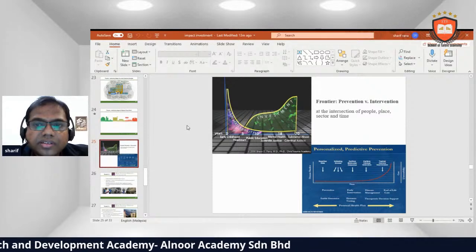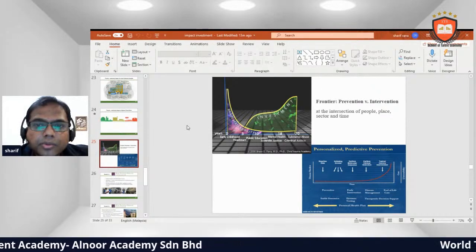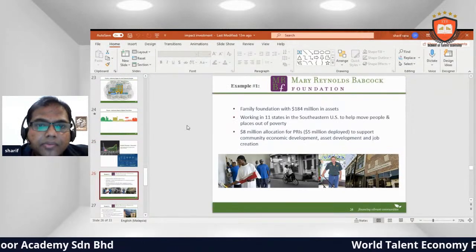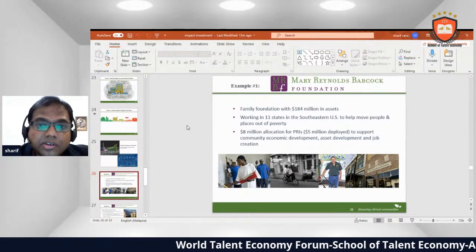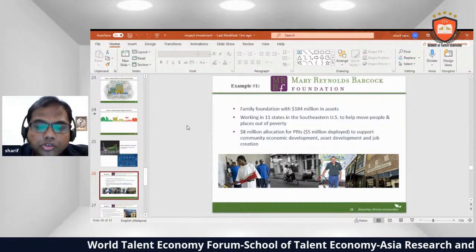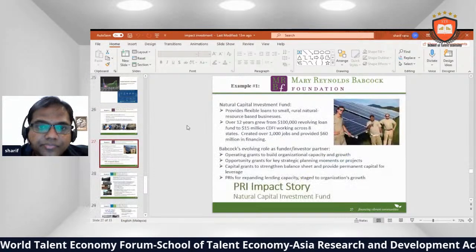Frontier prevention versus intervention. At this intervention of people, place, and times, we have a family foundation with 184 million of assets, working in 11 states of the Southwest, with 8 million allocated for PRIs.